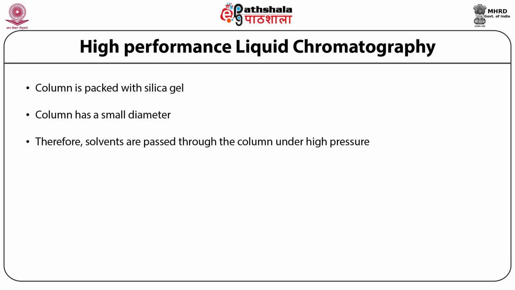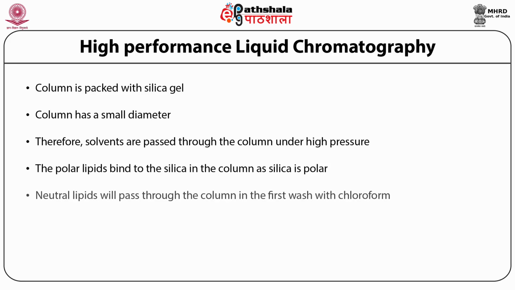While the solvents are passing through the column along with the mobile phase, the polar lipids will bind to the silica in the column, as silica is polar, and the neutral lipids, because they are uncharged, will pass through the column in the first wash with chloroform.